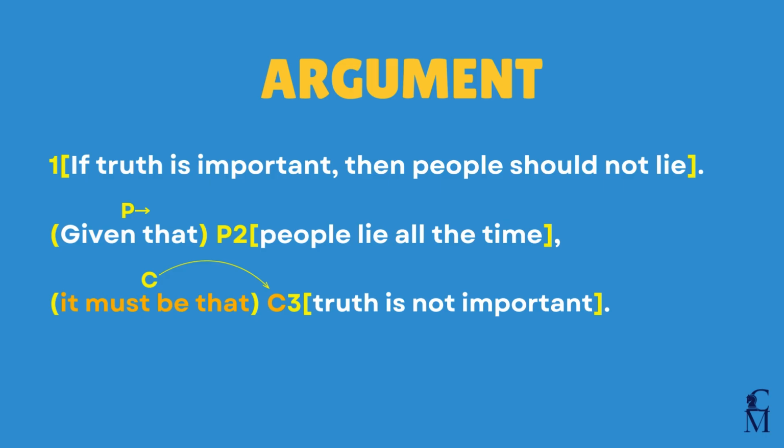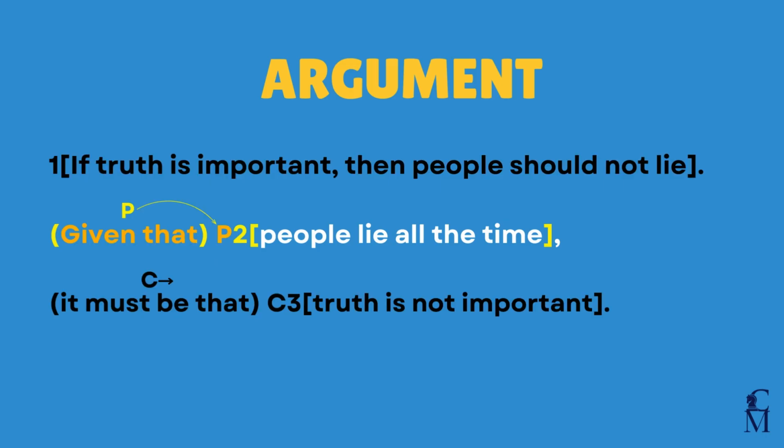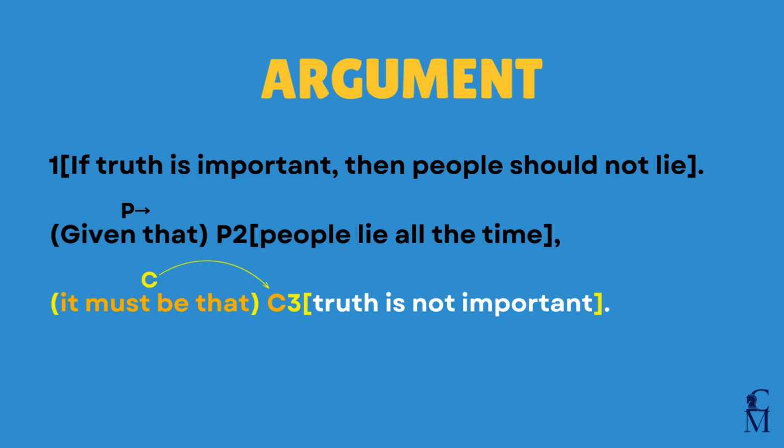If we do so with our argument example, we would place a letter P in front of the statement number for statement 2, since the premise indicator, given that, is indicating to us that the statement that follows, which is the statement that people lie all the time, is a premise. We would also place the letter C in front of the statement number for statement 3, since the conclusion indicator, it must be that, is indicating to us that the statement, truth is not important, is a conclusion.